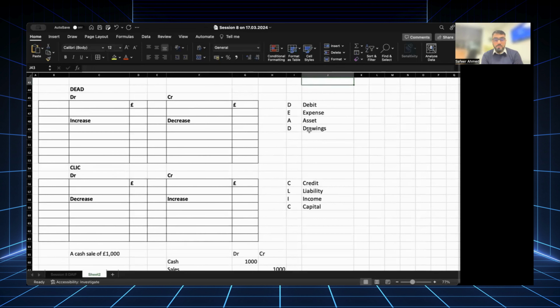Including any other qualification where you study financial accounting, financial reporting, or bookkeeping, because you have got to apply these double entry bookkeeping rules, at least in some topics, at those advanced levels.